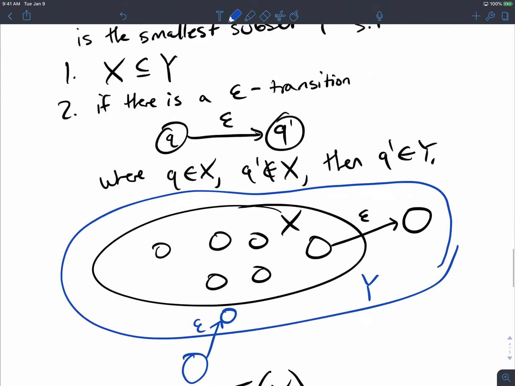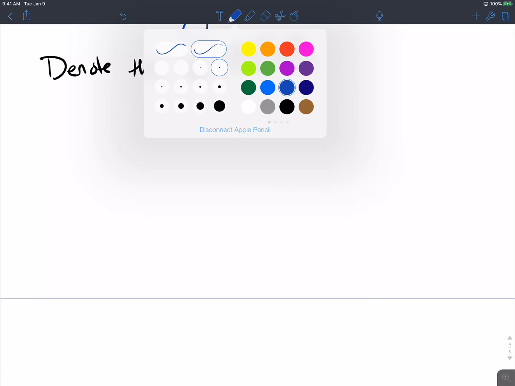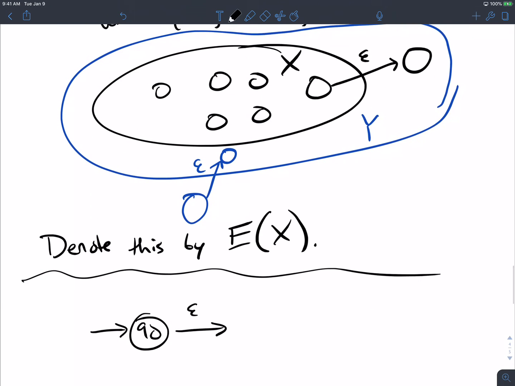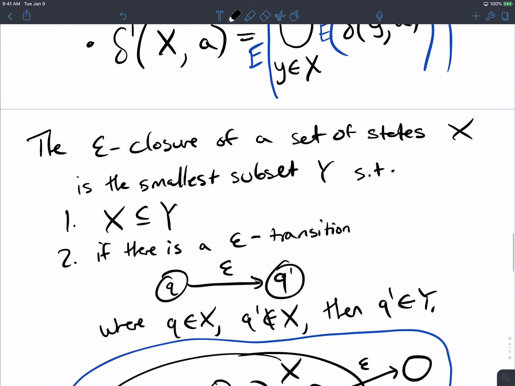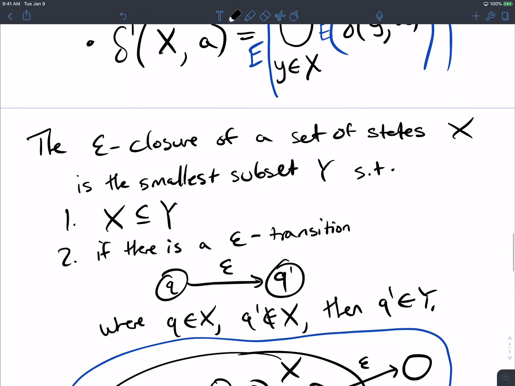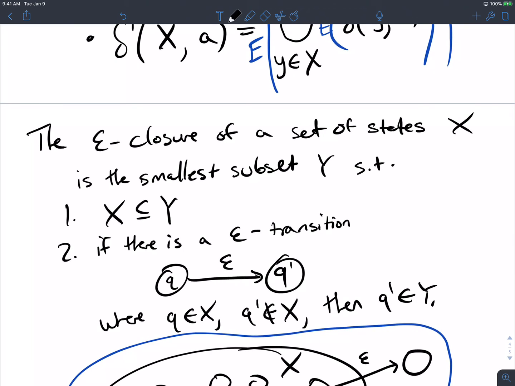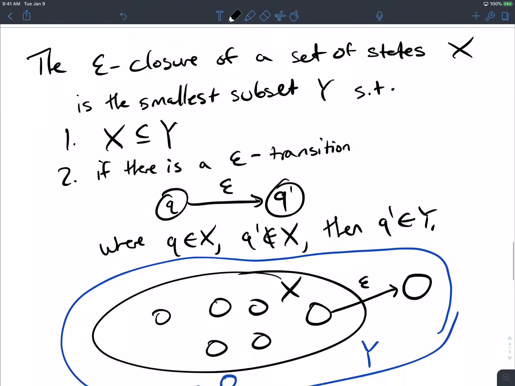Okay, let's do an example because I'm sure we're all dying for one. All right, so let's do this one. Oh, and by the way, what does this prove about closure under concatenation and star? Yeah, regular languages are closed under concat and star.